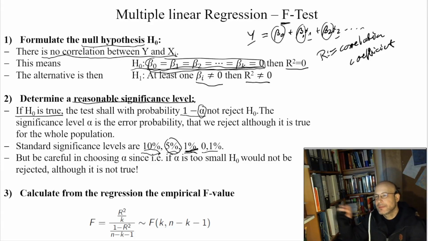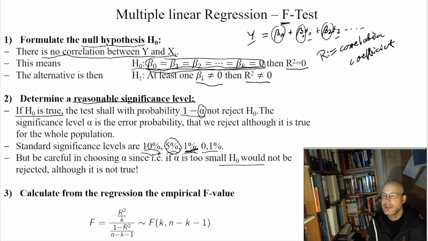And of course you can, so to speak, manipulate your analysis in choosing a specific significance level, because when you choose a very low significance level, then it could be the case that you do not reject your null hypothesis, although this hypothesis is not correct. So in this case, you of course have to be really careful.